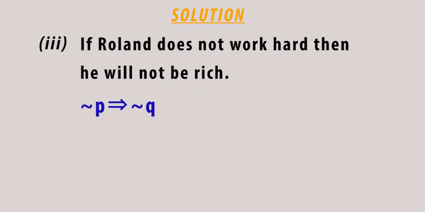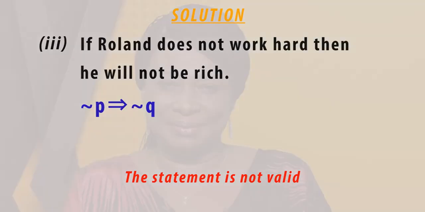If Roland does not work hard, then he will not be rich. This means that the negation of P implies the negation of Q. But no, that is not what we have said. So this statement is not valid. I hope you understand. Let's take another example.